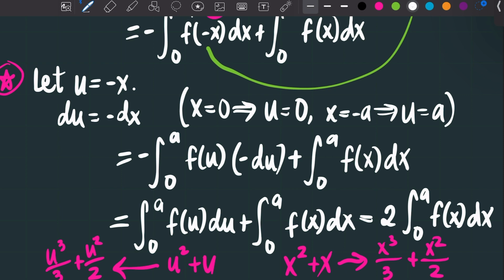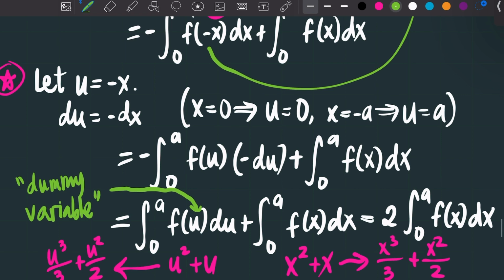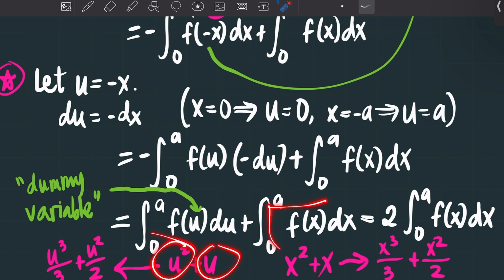So, is this clear? So, basically, lumalabas dito na yung u is just a dummy variable. So, tawagin natin siya as a dummy variable. So, pag sinabi nating dummy variable, that means na iba yung variable niya compared dun sa gusto natin.